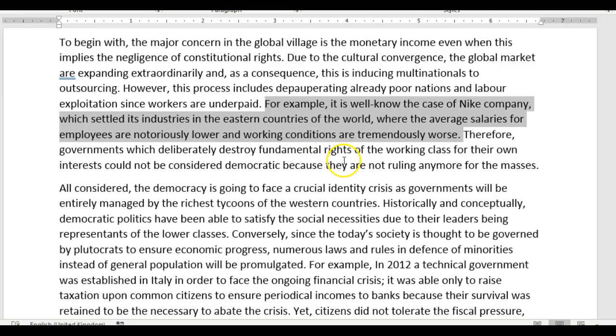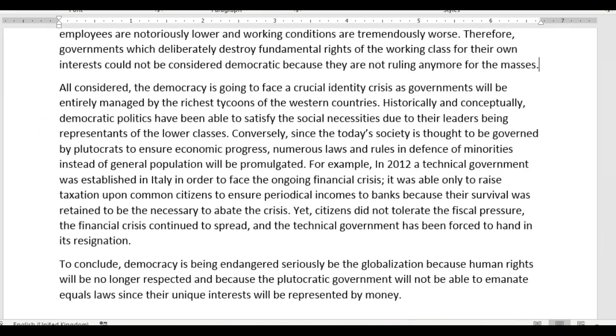Make a little transition and use the idea that, well, if Nike has that huge factory in Bangladesh, for example, and the Bangladeshi government supports this and benefits from this company having factories in their own country, this means they undermine the welfare of their own people because their people are being exploited, right? So create this transition, and this paragraph will be perfect.